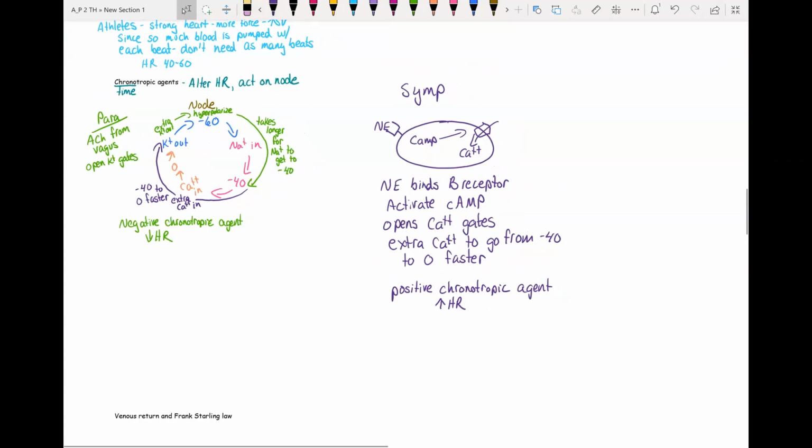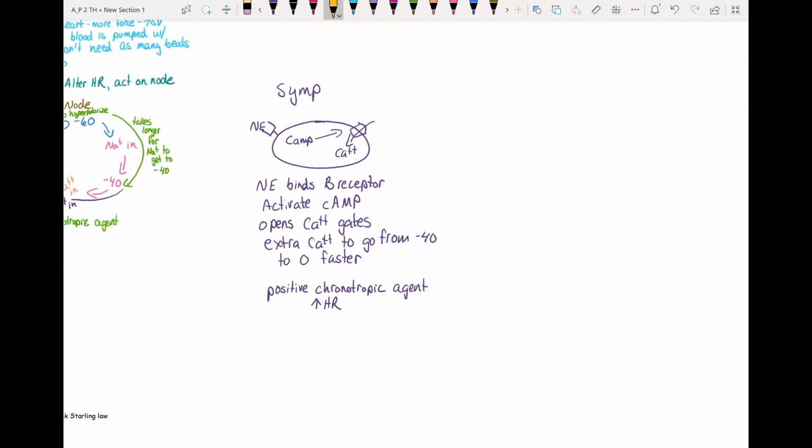Okay, then we have other things that can come in and alter this. If we look at some other chronotropic agents, we're going to have thyroid hormone. So take a minute and go back to chapter 17 and review thyroid hormone.